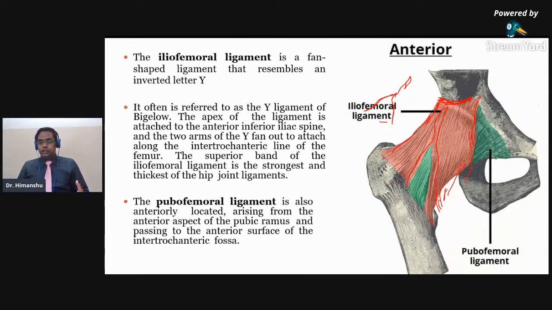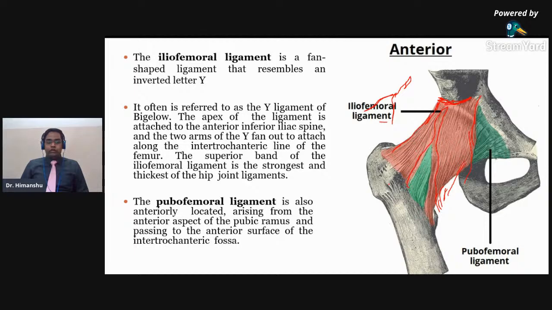Whenever they are wearing the HKAFO and standing with elbow crutches, this ligament limits the hip from going into excessive extension. The tensile strength of this ligament limits the extension of the hip joint, which prevents the patient from a backward fall. That is why the tensile strength of this ligament is very important, and that is why I'm telling you that this is a very, very strong ligament.